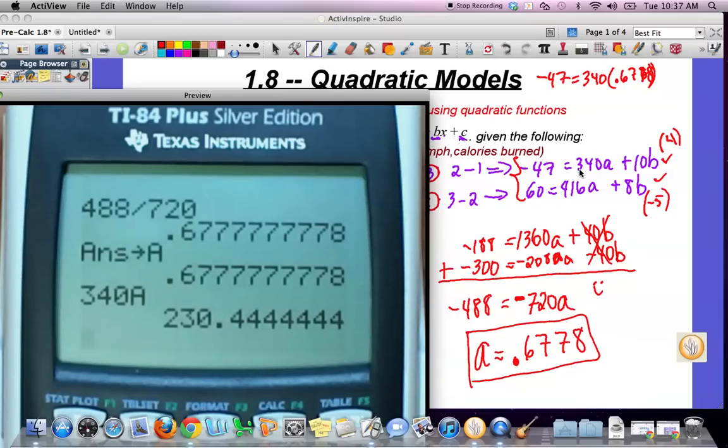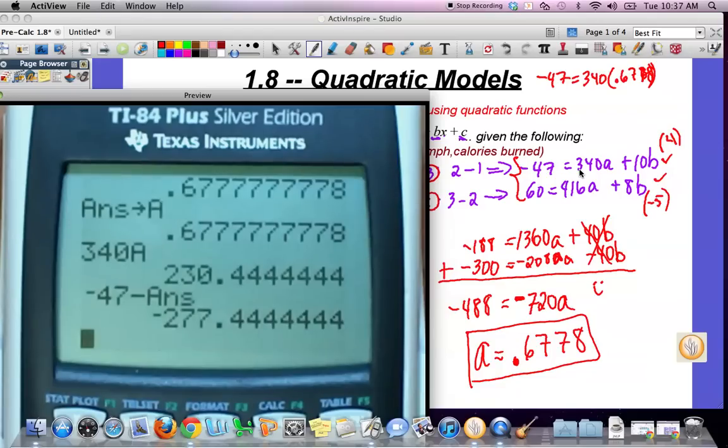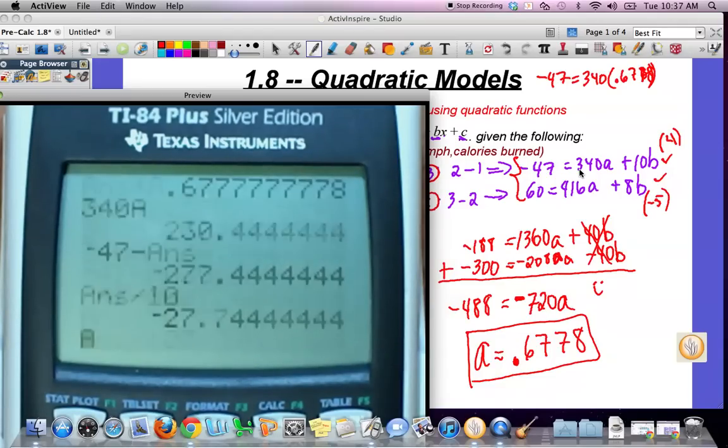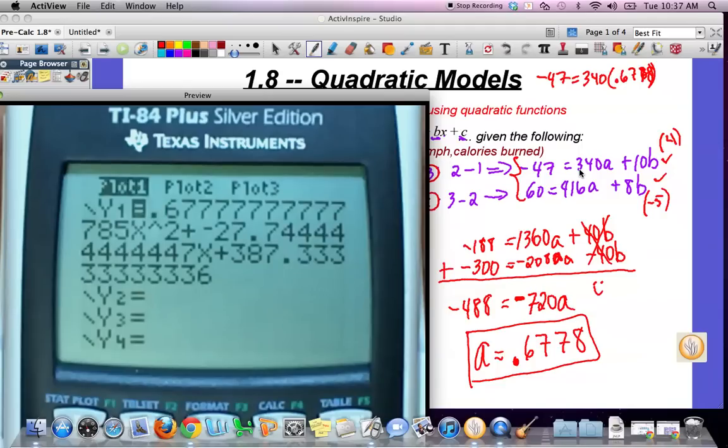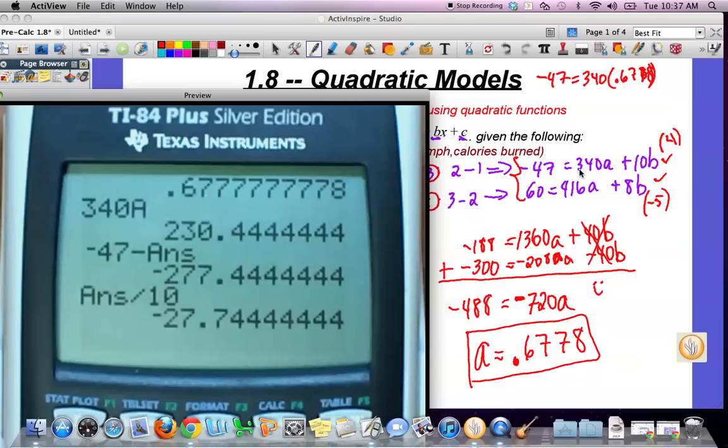I need to take negative 47 minus that, so I'd say negative 47, and then I'm going to subtract my answer, and I'm going to divide that by 10. And how does that compare to what we had on the board for B? And I guess I could just pull this back up here and look at this. It looks like it's exactly the same. There's your B.